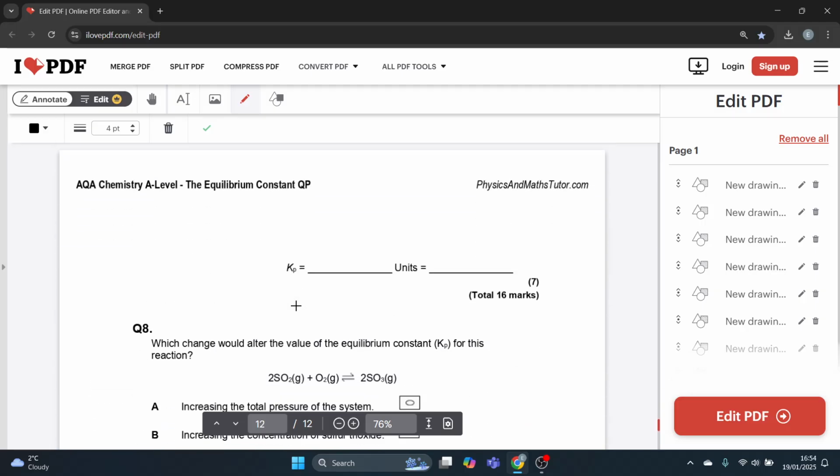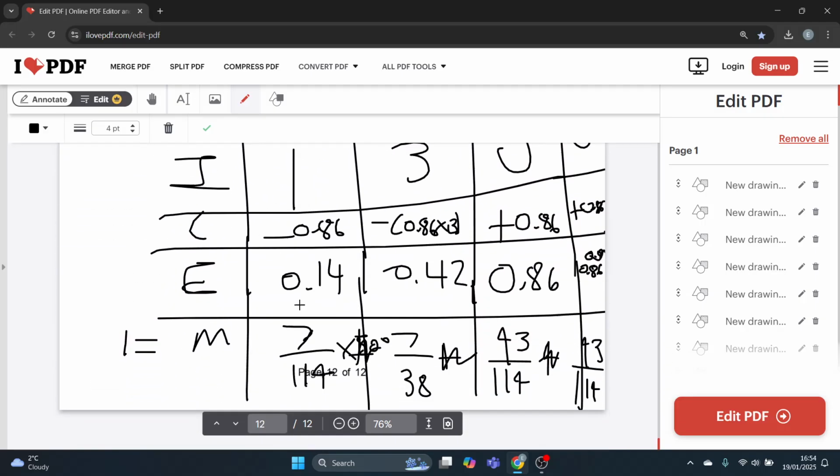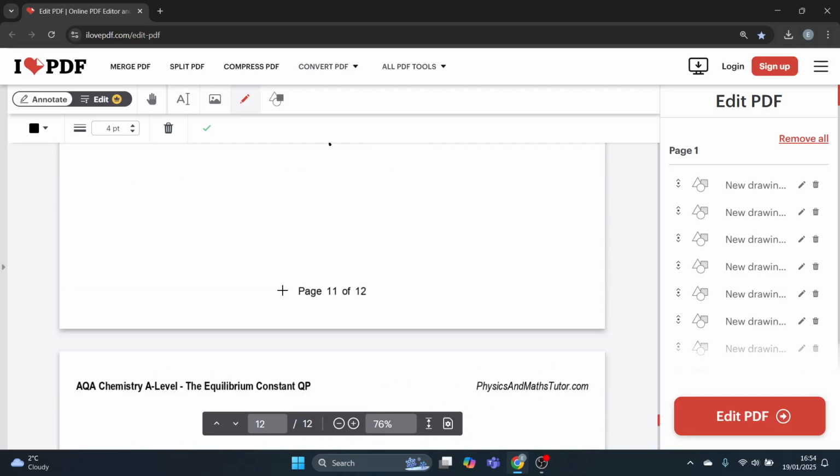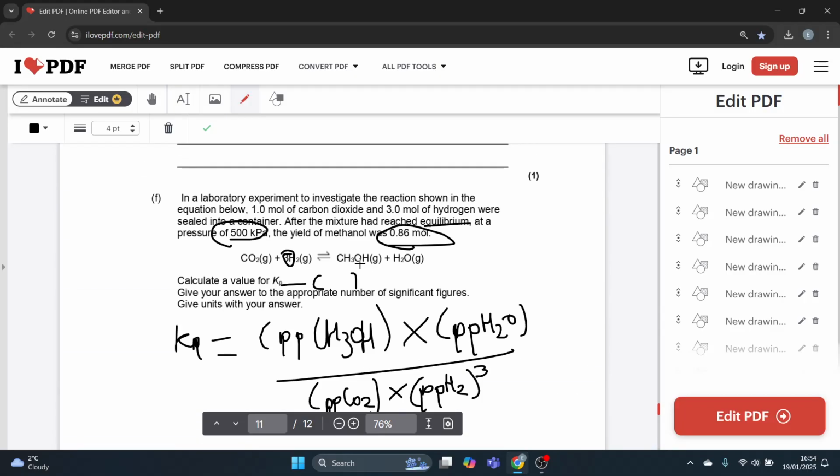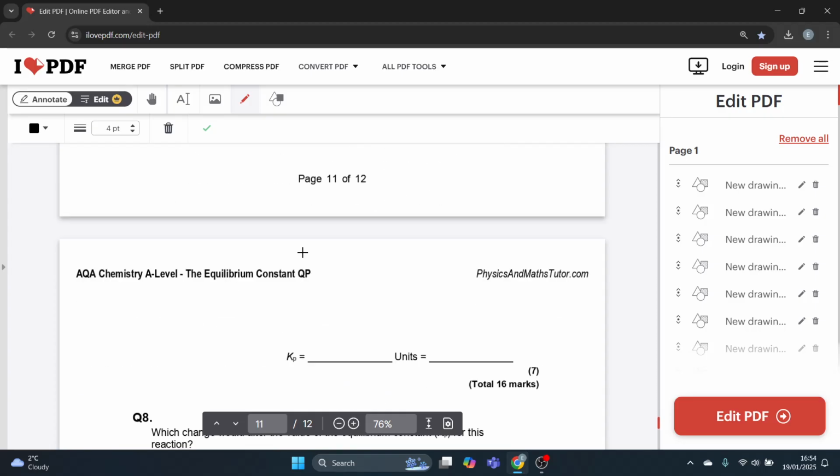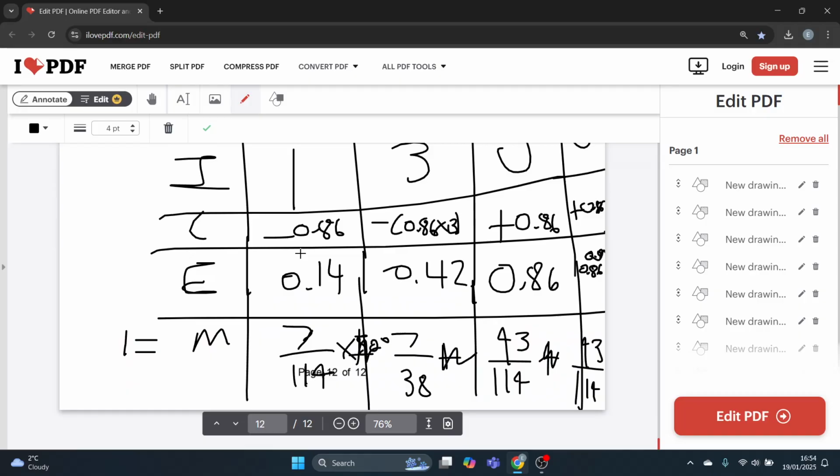That's substituted in now. I have to keep scrolling up. Methanol and water are in a 1-to-1 molar ratio, so I don't need to square anything. So it's going to be 43 divided by 114 times by 500, and then I also need to times that by 43 divided by 114 times by 500.